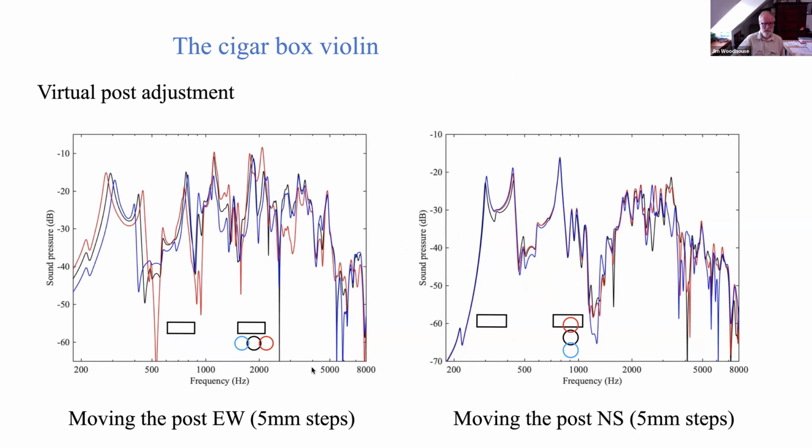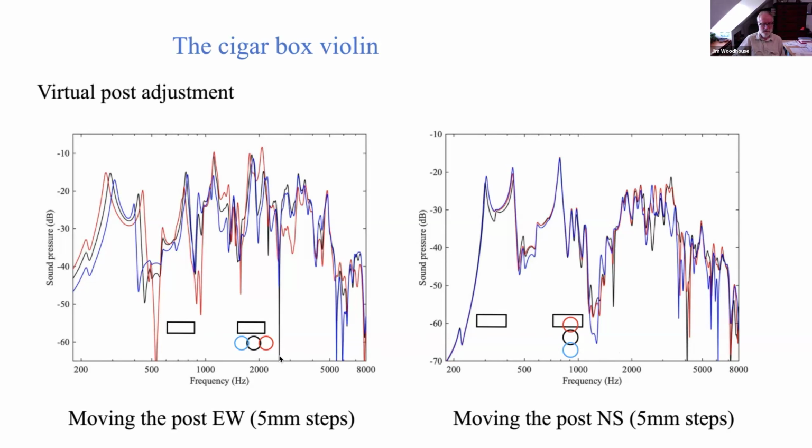Now, in the typical spirit of physicists, I've done rather big movements here. So this is the bridge footprints. These are 3 positions of the post separated in the east-west direction. And then when we come to look at this one, the same thing in the north-south direction.